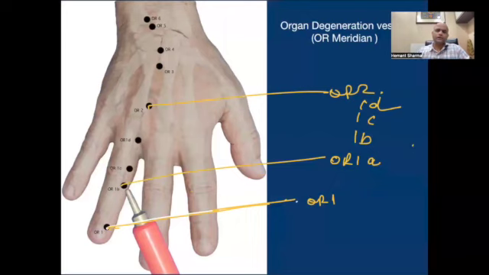In the ring finger, the radial side or the thumb side meridian is called the organ degeneration meridian. We have discussed it, it is doing very deep cleansing like we do during Diwali. So a deeper level of cleansing, it is expelling very deep levels of toxins and making your body organs youthful. So that is called the organ degeneration meridian.